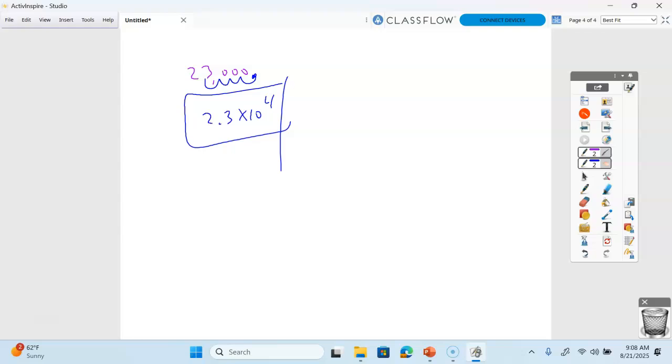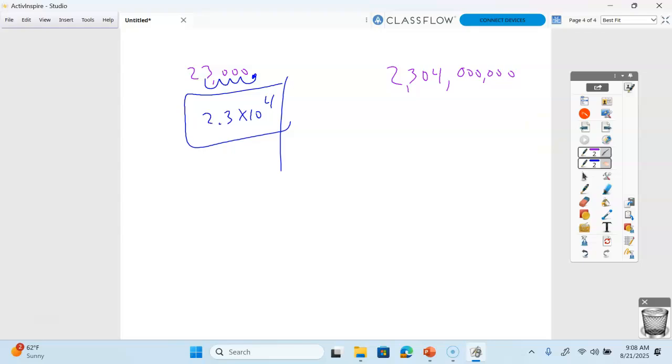Let's do this one. Here we go. Back to purple for a moment. I've got 2, 3, 0, 4, 1, 2, 3, 4, 5, 6, comma, comma, comma. All right. Tell me what I should do. Walk me through it so everybody else can follow along. What do you got?